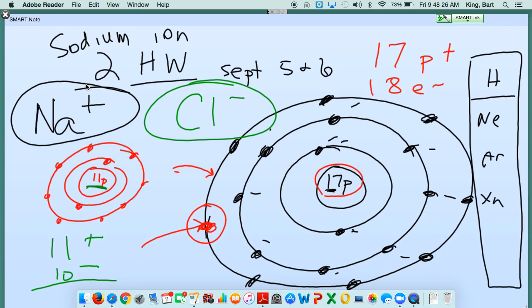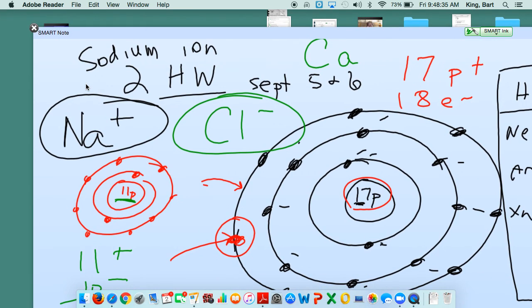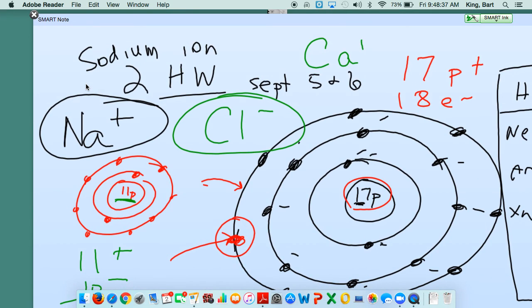Some ions have more than just one, like calcium. If I write calcium, okay, there's calcium, the ion. Guess what I'm telling you right there? Yeah, 2.